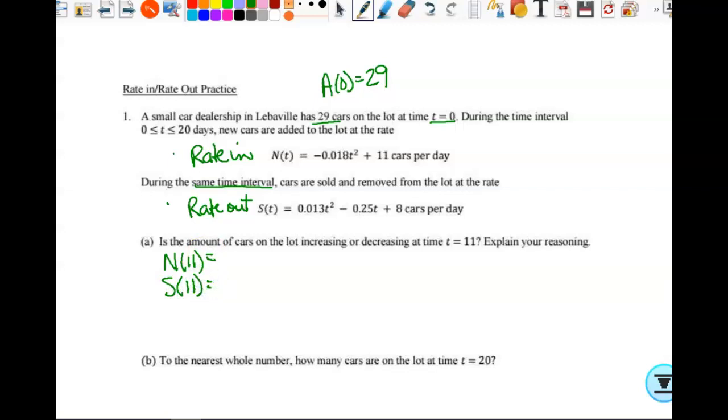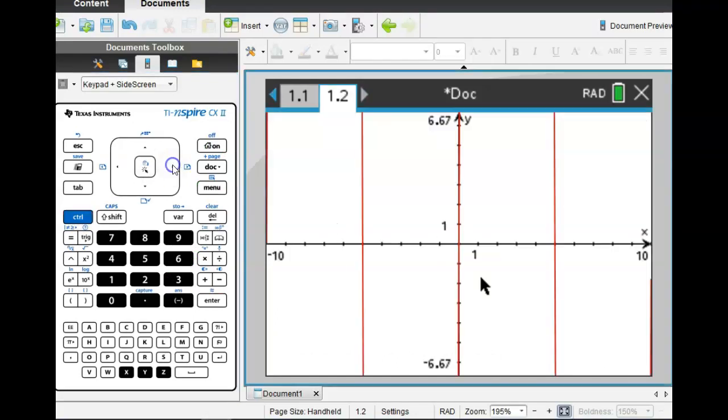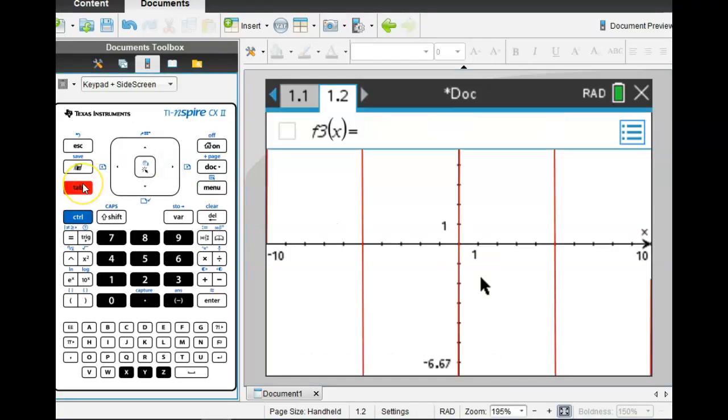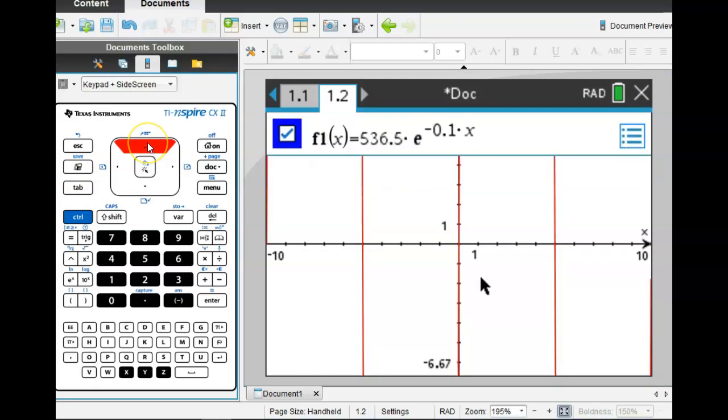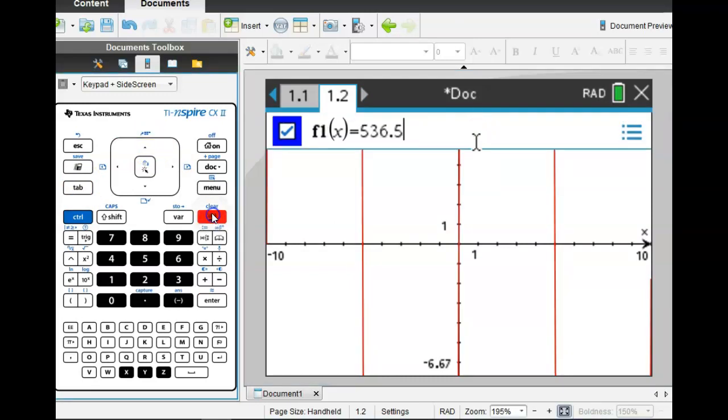So we will go back to the calculator. We're going to go back to the graph, and we are going to put new equations in. So I'm going to back that out. So in F1, I'm going to put n of t. So type that in.